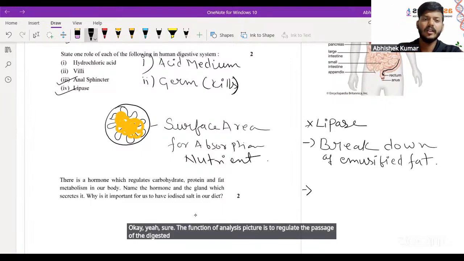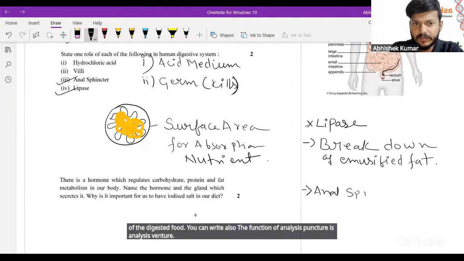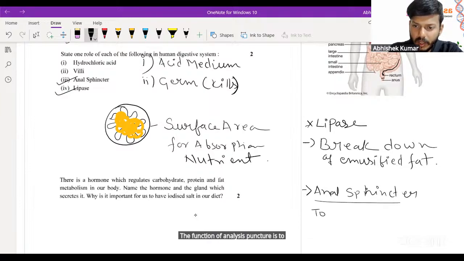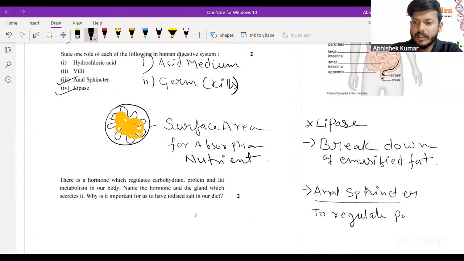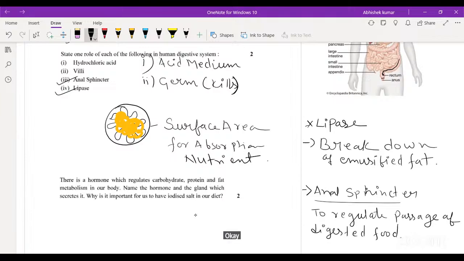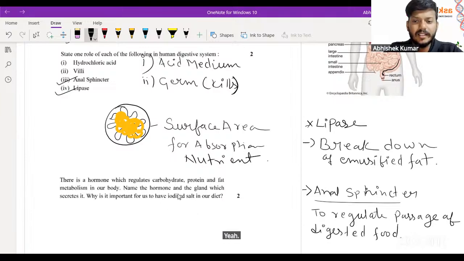You can write it also: the function of the anal sphincter is to regulate the passage of digested food. Okay, sir, thank you. Very good. Okay, let's move to the next question.